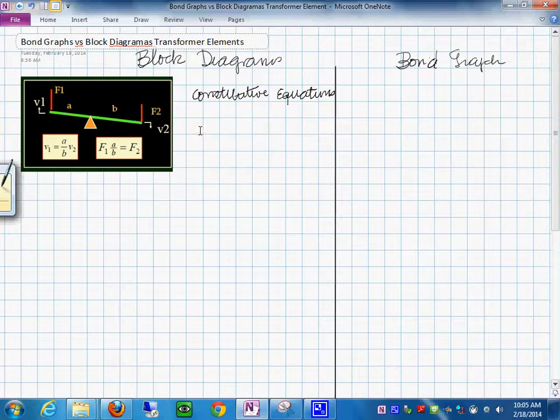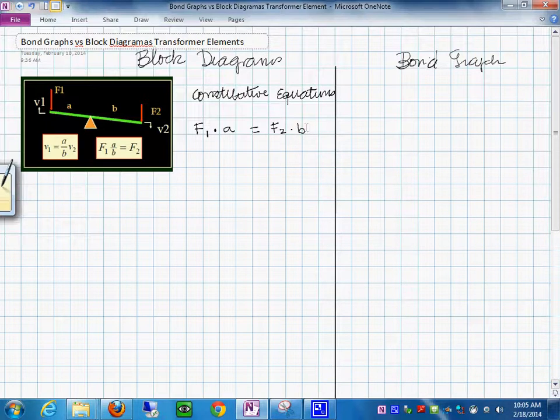Okay, so in here you have that, isn't it true that F1 multiplied by A should be equal to F sub 2 multiplied by B?